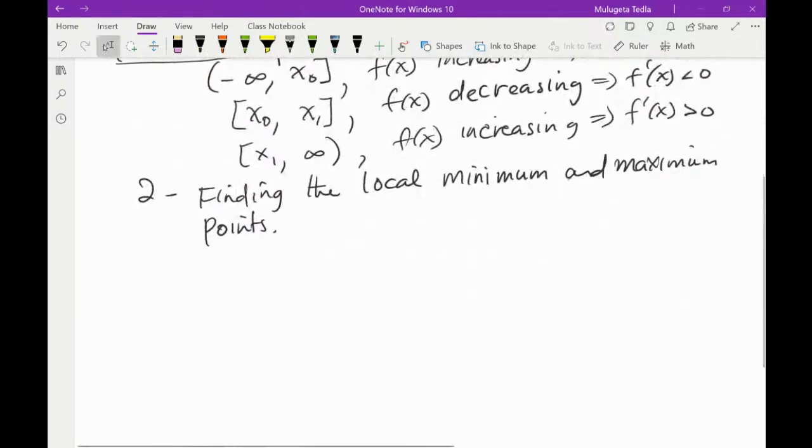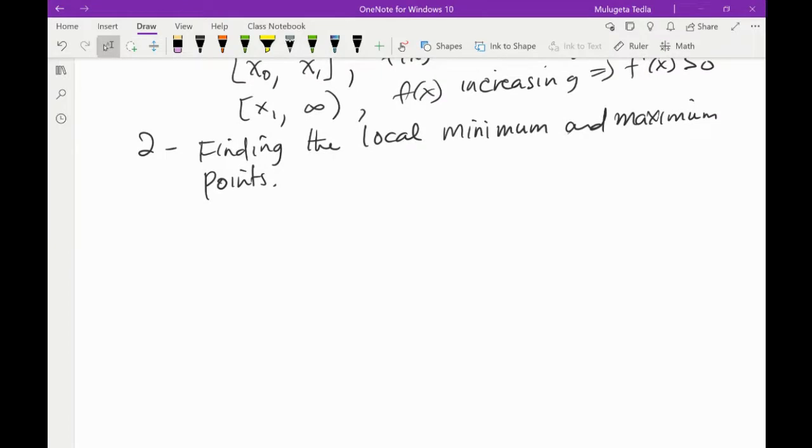Okay, so we're going to take advantage of these local minimum and maximum points in order to sketch a curve, right? So I'm going to define them in detail. I don't want to say M, but the book says M. A point M, I will refine it.